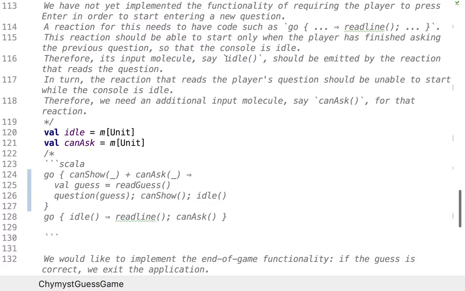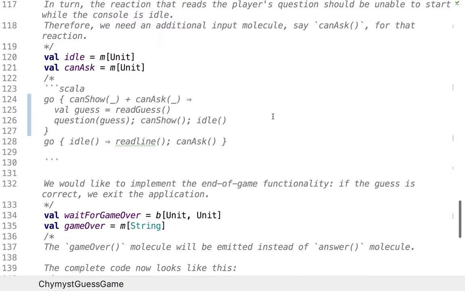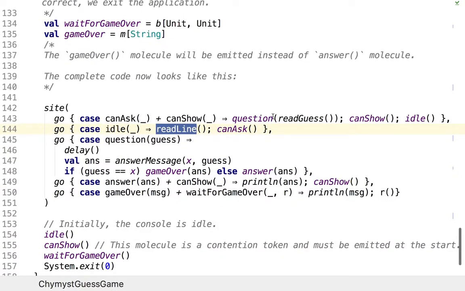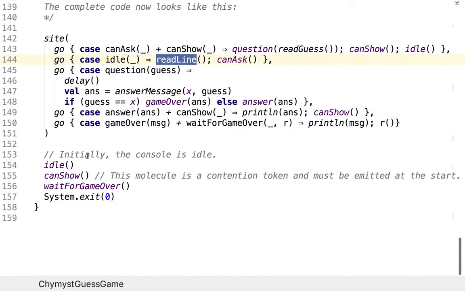I need to prevent some reactions from running. The only way of doing so is to have extra input molecules that aren't yet there. So then every time I needed to do something like that, I had to introduce an extra input molecule. That kind of reasoning, and then I basically got the code correctly. And finally, there was reasoning about what the initial molecules should be.